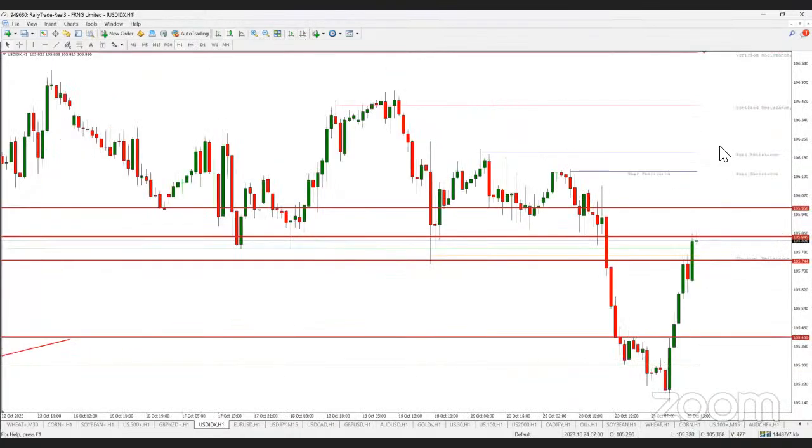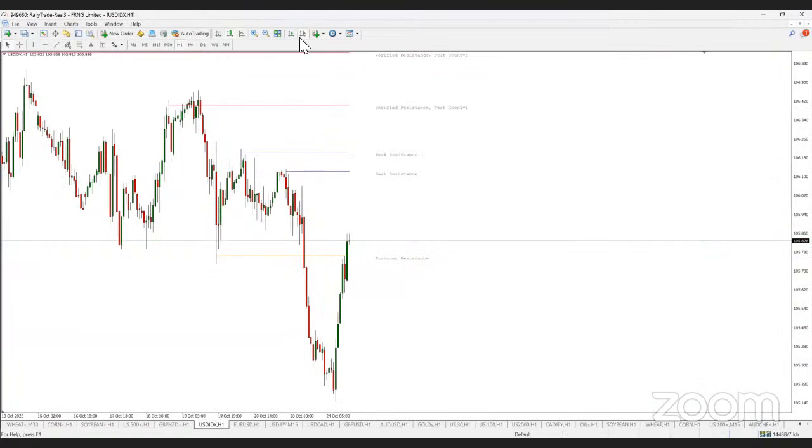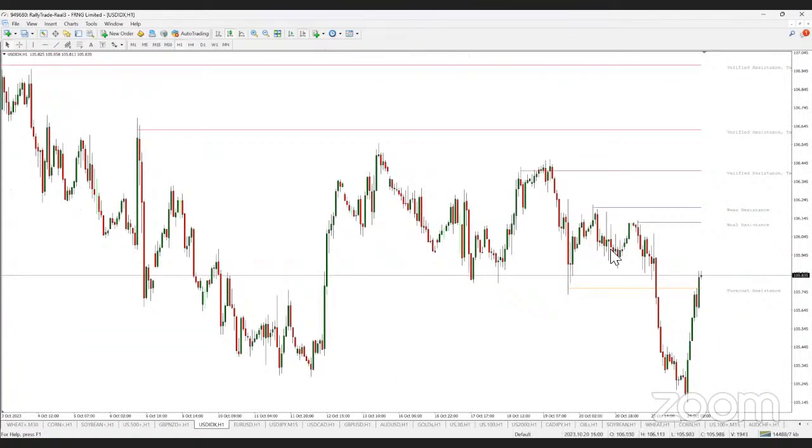Now on 1 hour time frame, you could see that today dollar index has actually been buying, and one of the major reasons is because yesterday there was a massive crash on treasury yield from the US, and because of that crash, you could see a massive sell-off on dollar.